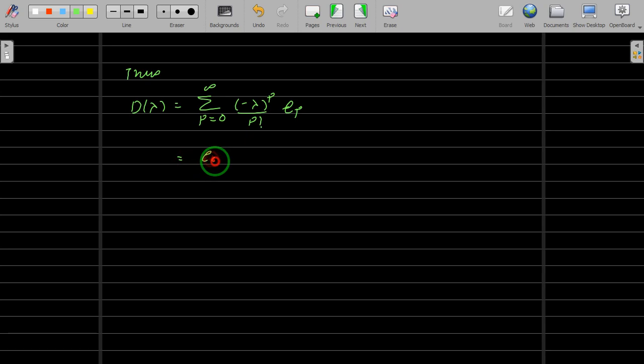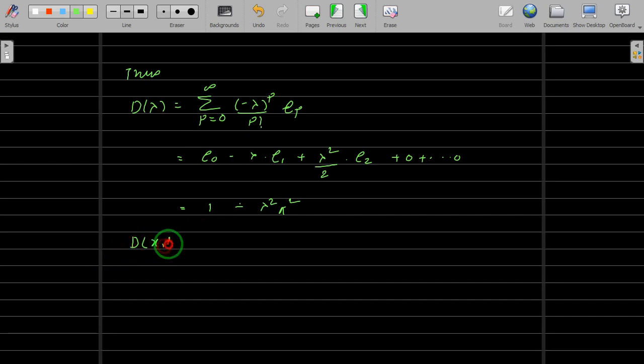This is c0 minus lambda by 1 factorial into c1 plus lambda square by 2 factorial into c2, and then the rest, c3, c4, all are 0. Okay? And this becomes c0 is 1, then c1 was 0, and then plus c2. c2 is minus 2 pi square, so it becomes minus lambda square by 2, the 2 cancels out. So this is your d lambda, and then you have to find d of x comma t comma lambda.